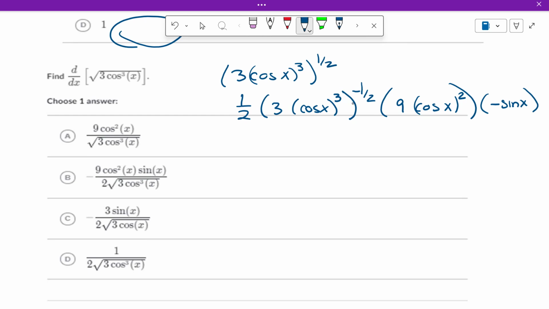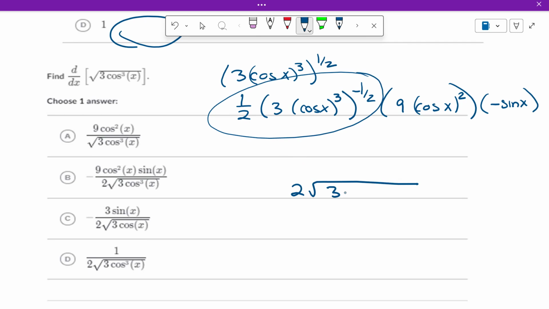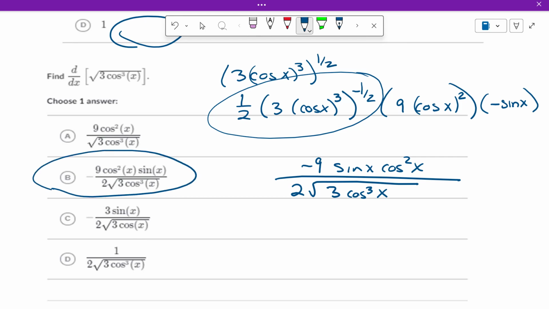So this goes to the denominator. 2 square root of 3 cosine cubed of x is in the denominator. This is all in the numerator. So negative 9 sine of x cosine squared of x is in the numerator, which is b, right?